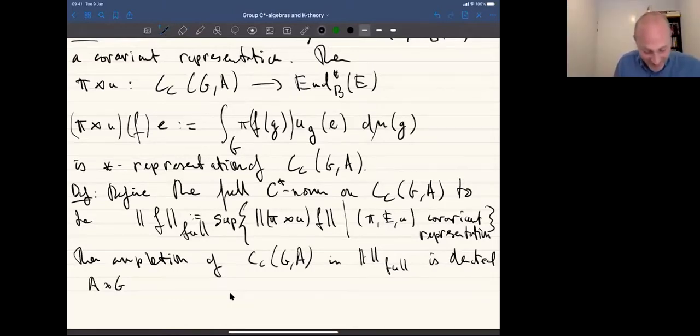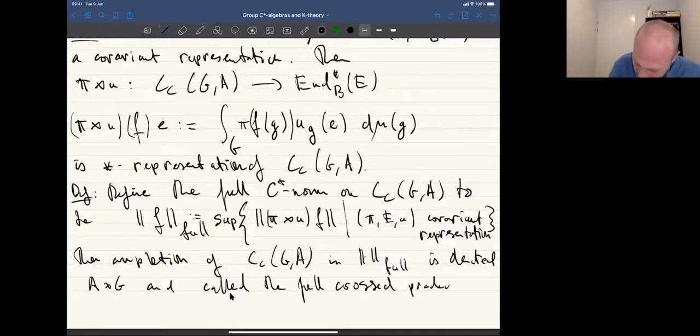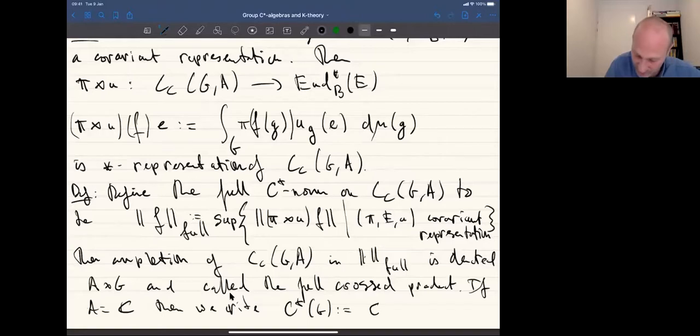This is denoted A cross G and called the full cross product. And if A is equal to C with trivial action, then we write C star G, which in this definition would be C cross product, full cross product with G.